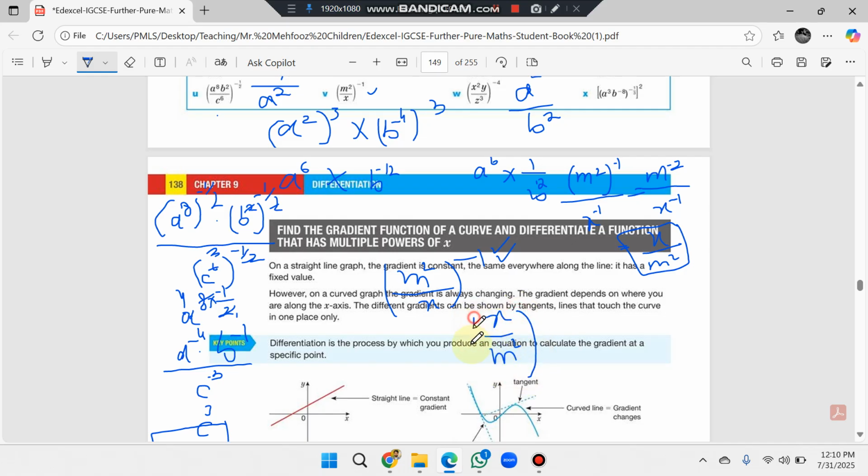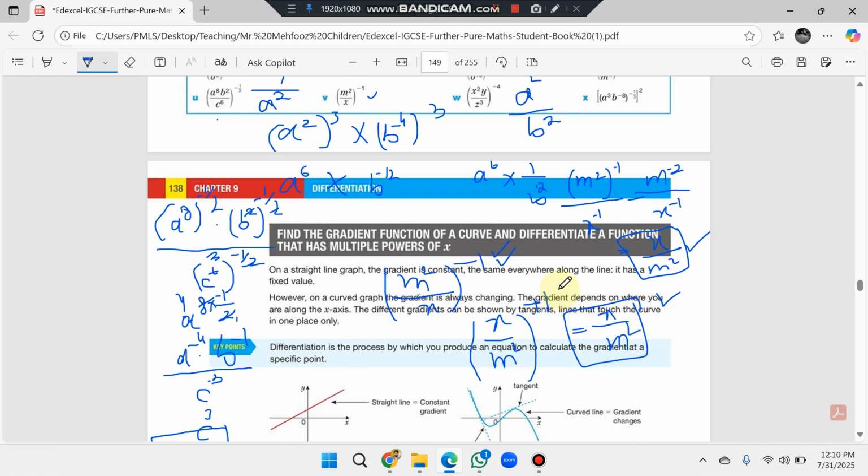We just reciprocal the whole term and convert your power minus 1 into positive 1. So positive 1 power of x will be simply x and positive 1 power of m squared will be simply m squared. So both answers are the same. Do you understand both methods?